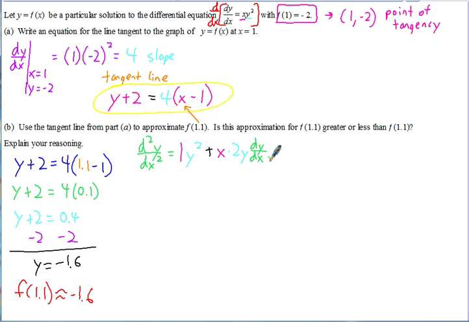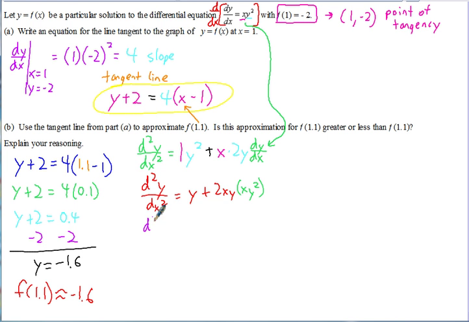And then all you have to do is substitute in the first derivative right there. We know what the first derivative is. It's xy squared. So if we simplify this, we get the second derivative equals y plus 2xy times xy squared.